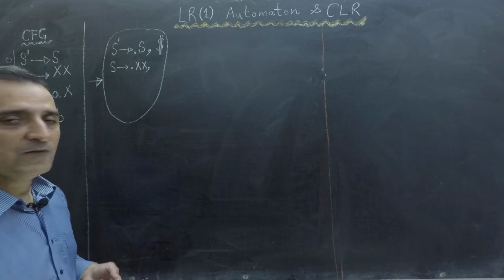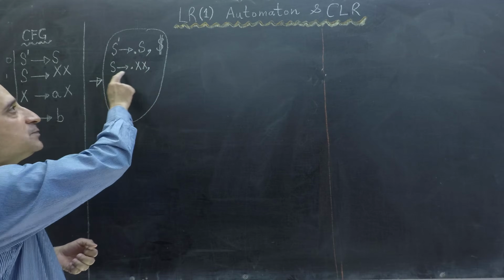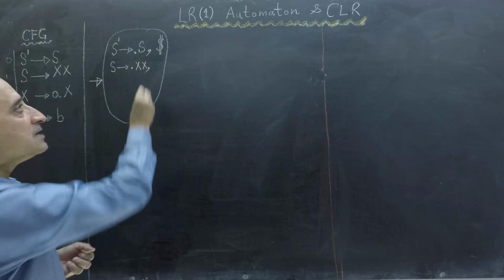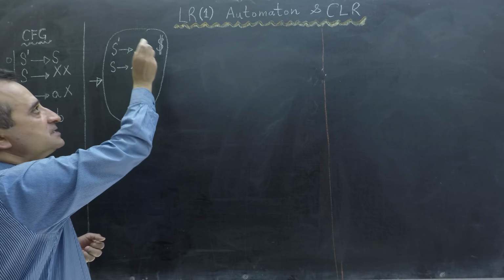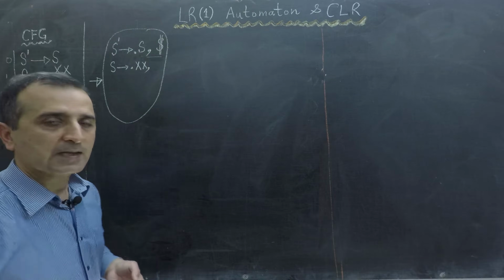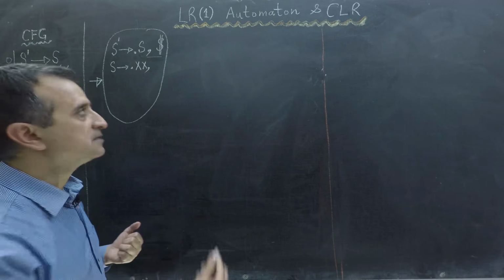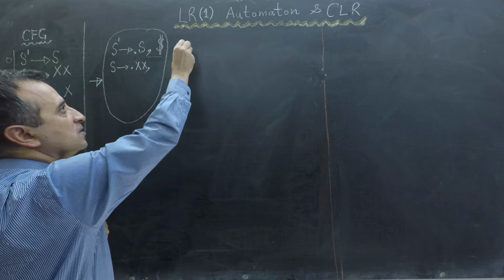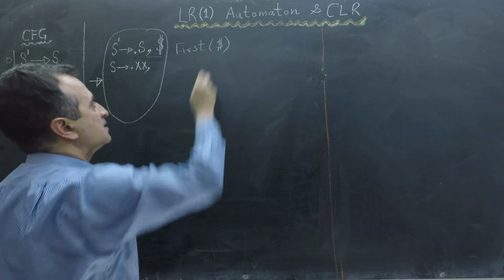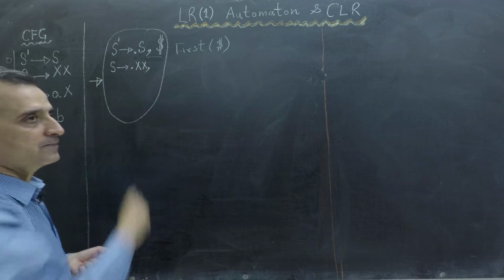The rule of adding look ahead is that I have added this production because of this S. So I will take whatever is after this S, that means in this case I have the $ sign, and compute first of that which is after S. So I will compute first of the $ sign, and whatever my result is, I add that result here.